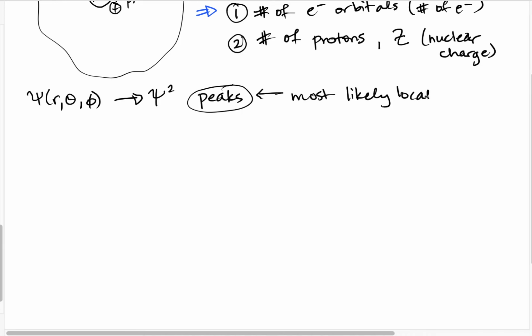So we can look at these wave functions, and we can look at this psi squared part of the wave function and see how the position of the electron is affected by which orbital it's in. So let's go ahead and switch over and take a look at some pictures of those.